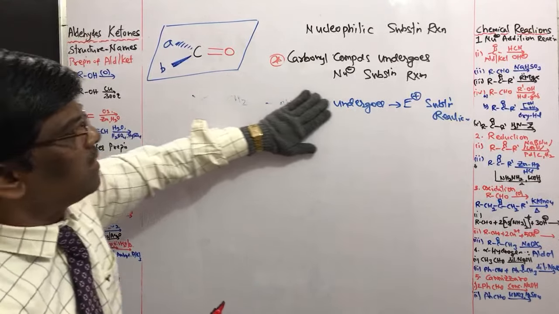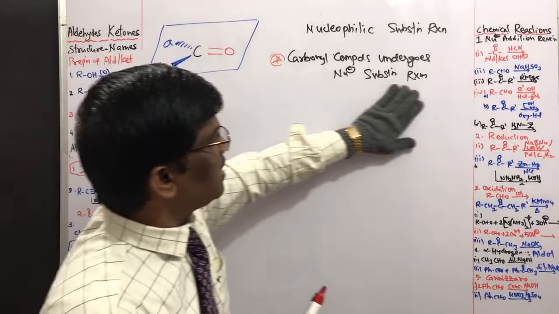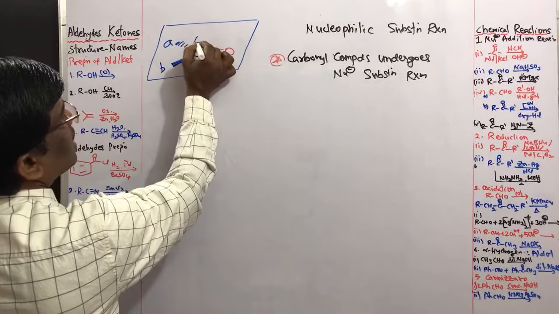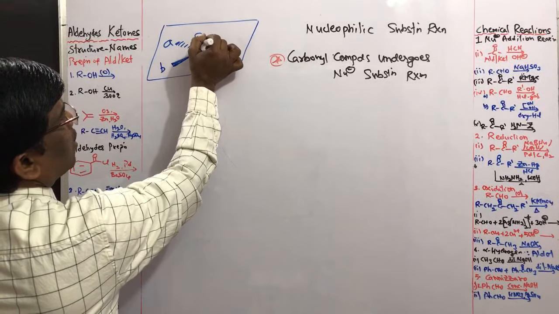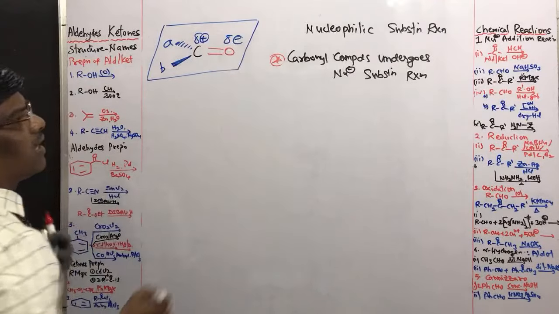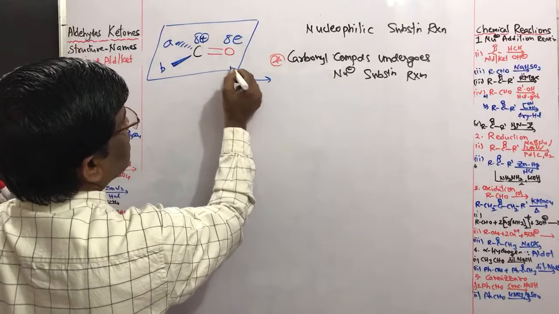Why? These are compounds having resonantly stabilized carbon, which is going to have partial positive character and this oxygen has negative character, right? Because of resonance. What are the resonance structures?